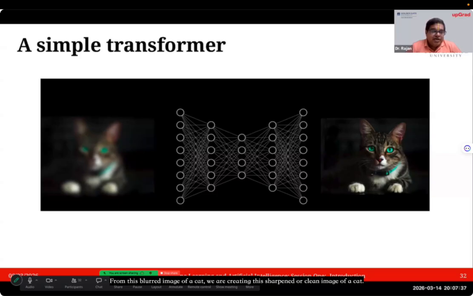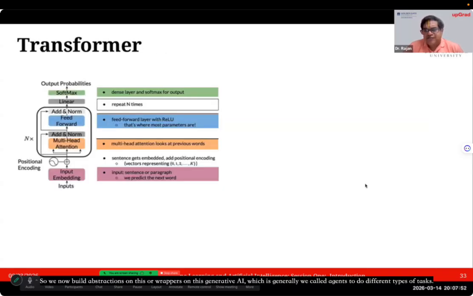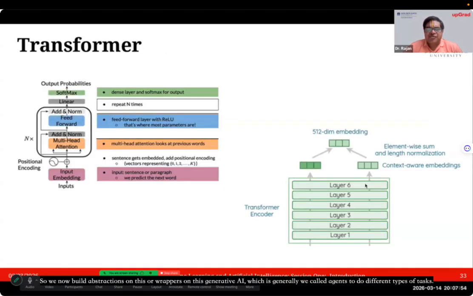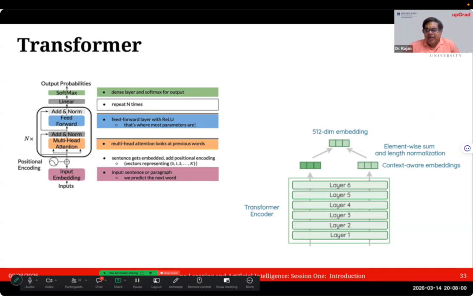From this blurred image of a cat, we are creating this sharpened or clean image of a cat. Therefore, we have generated data. So that is generative AI. We now build abstractions, or wrappers, on these generative AIs, which we generally call agents, to do different types of tasks. And this is how the entire field has grown.